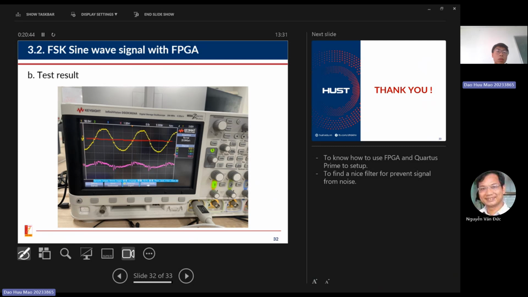That's just an error at about 50 hertz. The real signal here is just flat, not a sine. So that's all we do in our process. Thank you for listening.